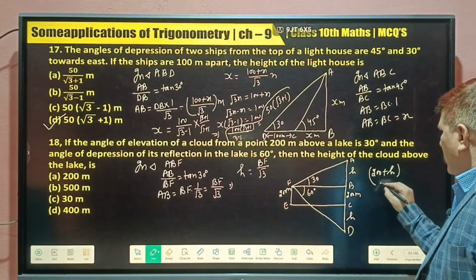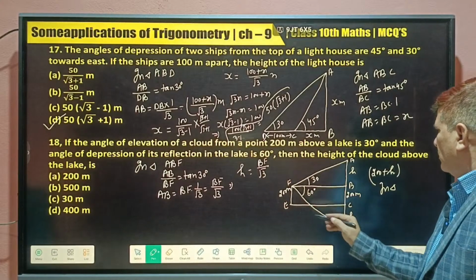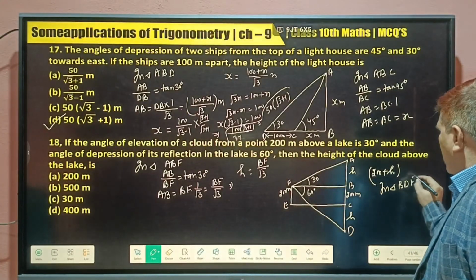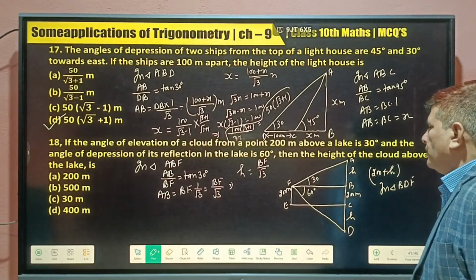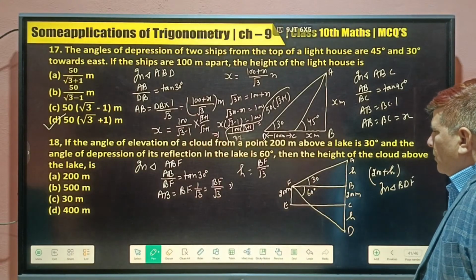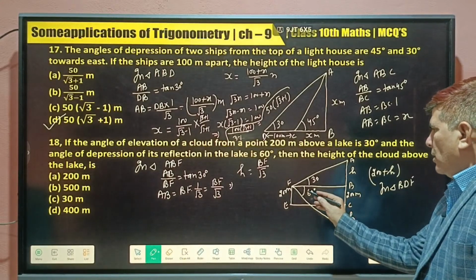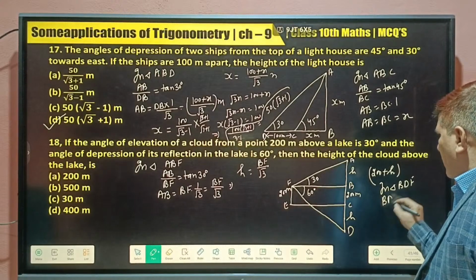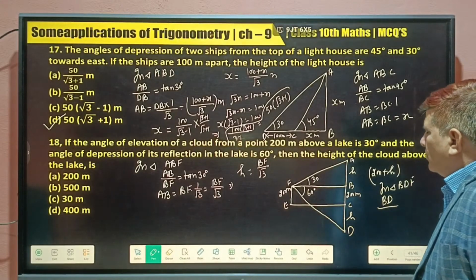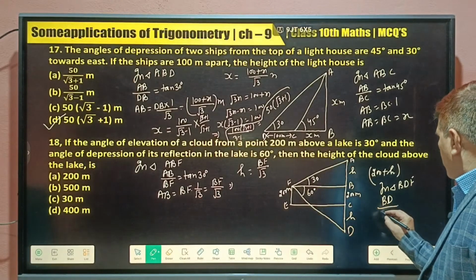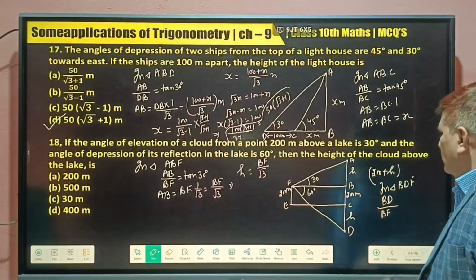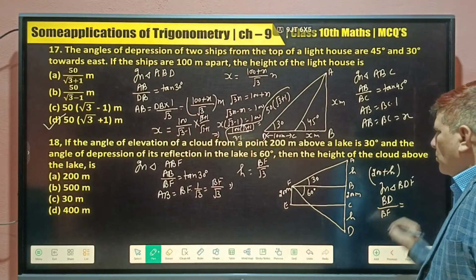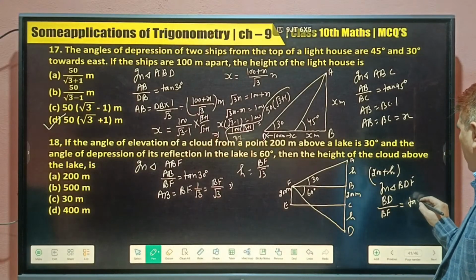In which triangle? In triangle BDF. Understood? Angle is formed here. So this is the base. This is the perpendicular. So BD by BF is equal to tangent 60.